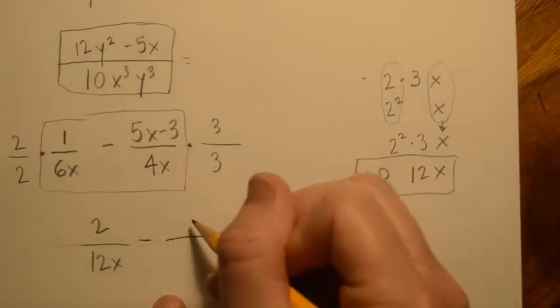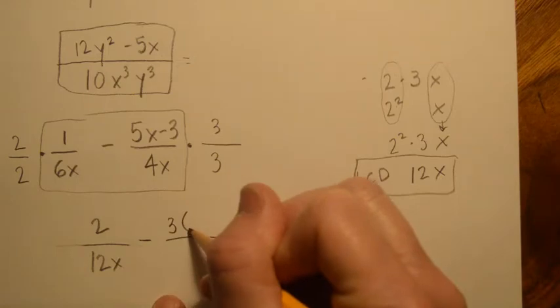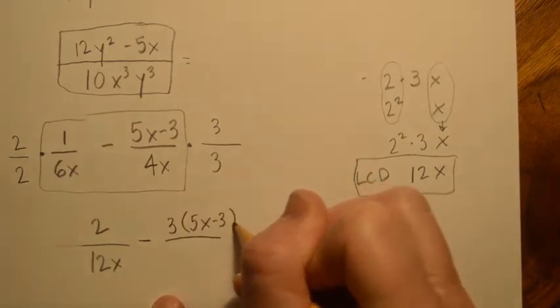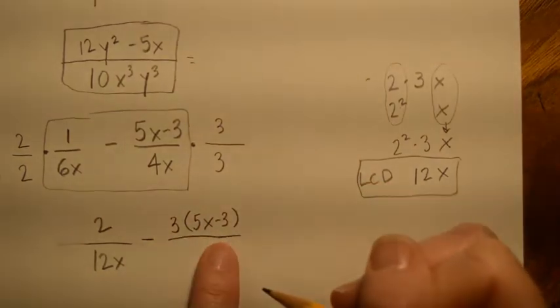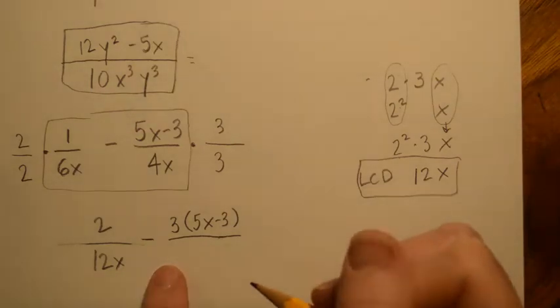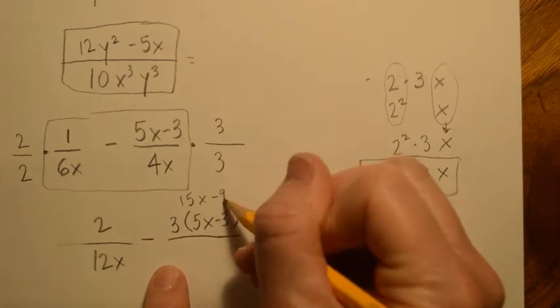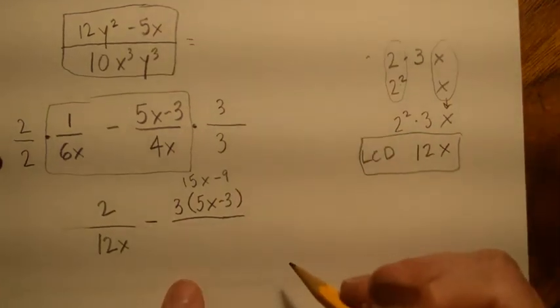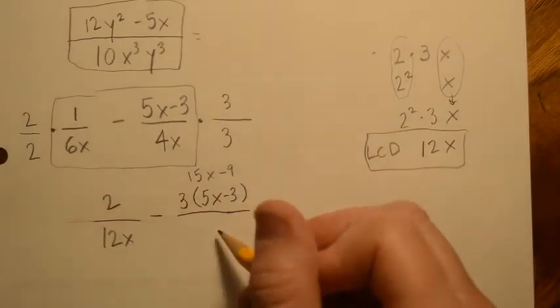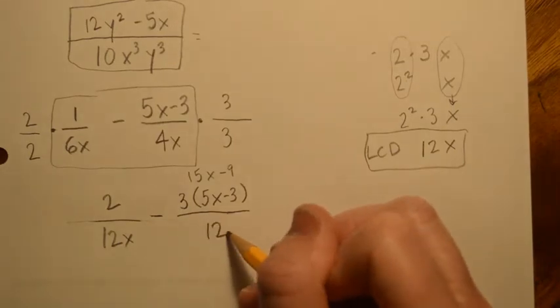There's a couple different ways you can do that. I'm just going to write it out front here as 3 times 5x minus 3. You could decide that you want to distribute it through first, which would be fine. If you did that, then you would end up here with a 15x minus 9. I'm just going to leave it like this for a second. And then in the denominator, 4x times 3 is 12x.